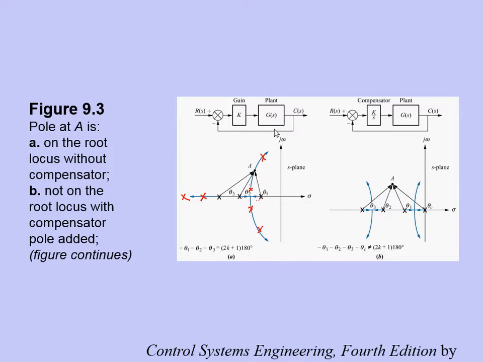But if instead of doing this, we add, like I said a moment ago, a block that is 1 over s, and then you have your k block in here, and then you have this g of s, which is your system, and then you get a unity feedback loop like this.